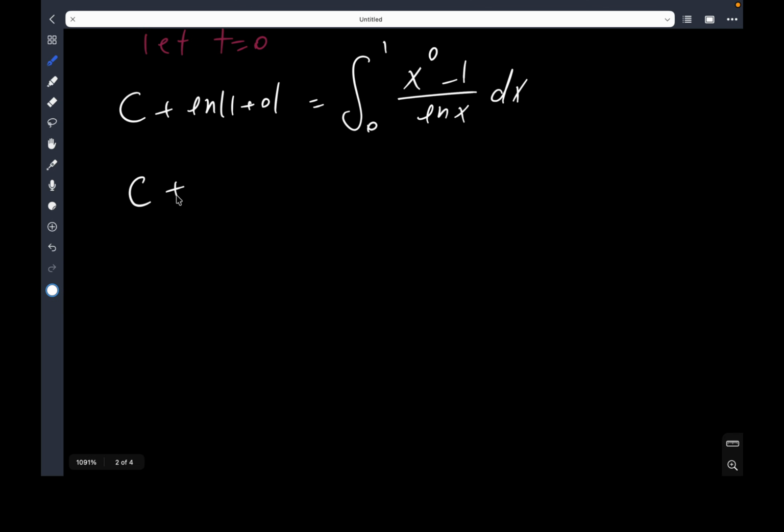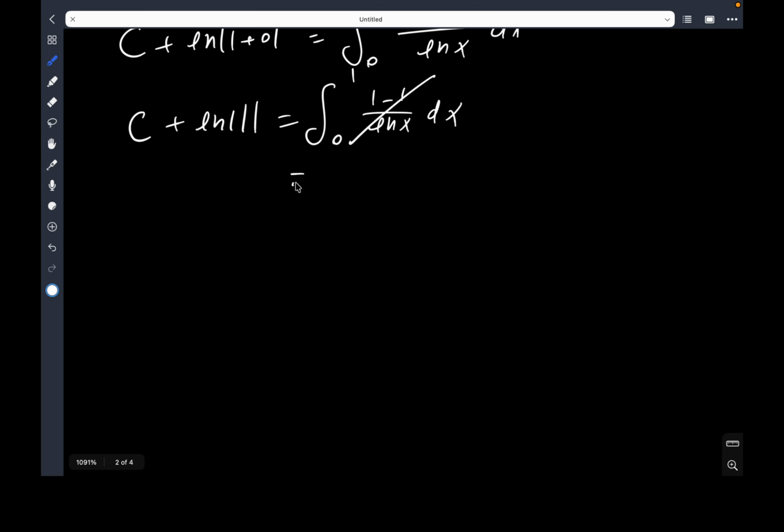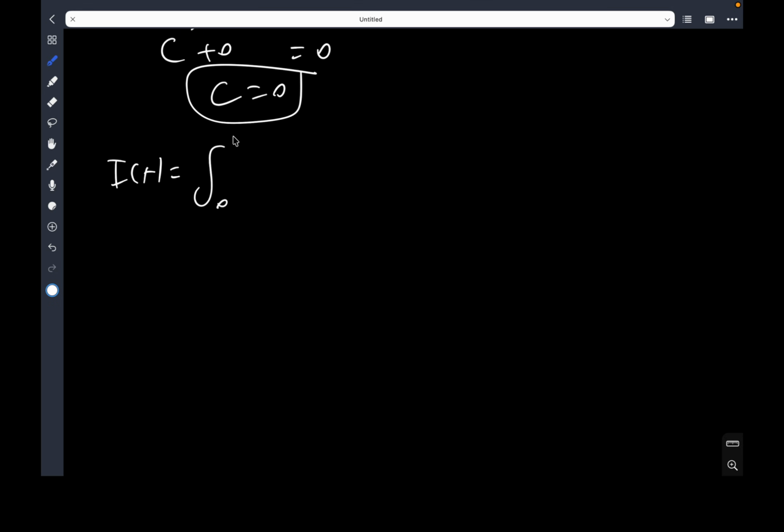Thus I'm going to have c plus ln of 1 equal to the integral from 0 to 1 of (1 minus 1) over ln x dx, which is 0, and the definite integral of 0 is 0. And ln of 1 is 0, thus c is 0. Now I found my integral to be ln of 1 plus t.